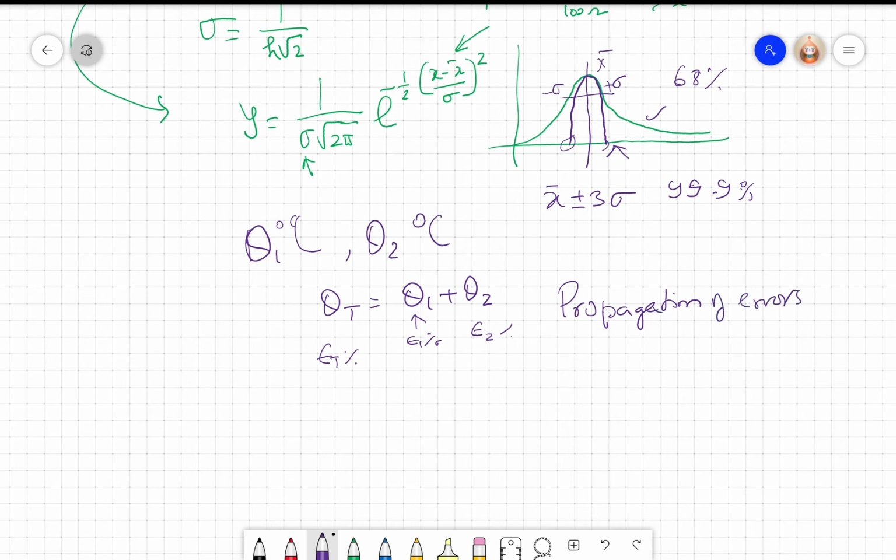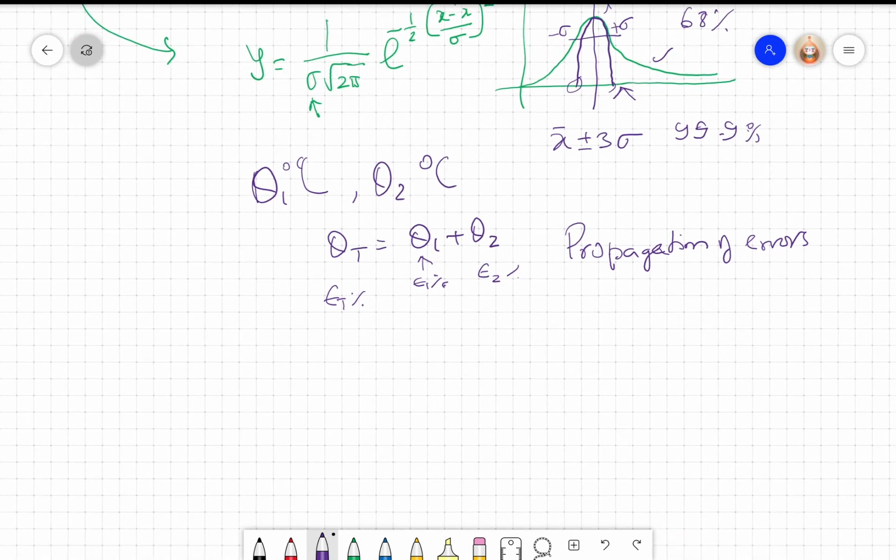Propagation of errors comes into the picture only when we try to compute using measured quantities, right? Now, if it is systematic error, right?